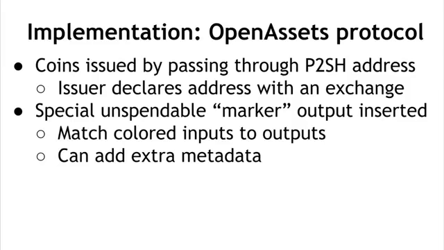Now, every time that you have a transaction that involves colored coins, you have to insert a special marker output. So this is an unspendable output, kind of like in the case of commitments, that allows us to write some extra metadata into the transaction. And that metadata, which I'm not going to discuss in detail because it's fairly tedious, simply says of all the colored coins coming into this transaction and all the outputs of the transaction, how the color is divided between the different outputs.